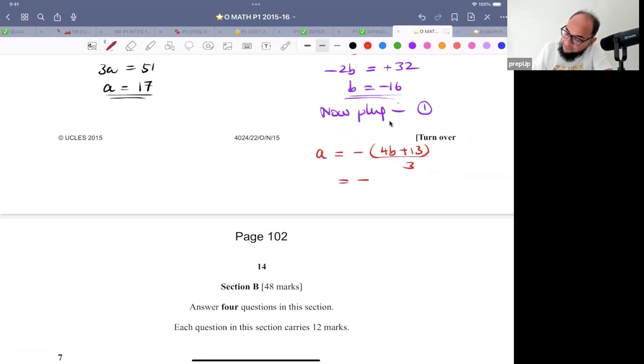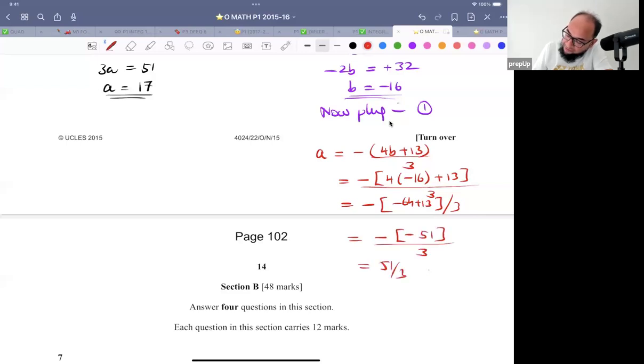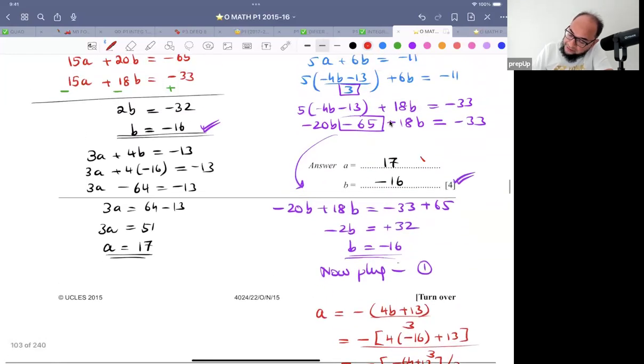That is negative 4 into negative 16 plus 13 divided by 3. That is 64 plus 13 divided by 3. That is 51 over 3, which comes out to be 17. So the answer over here is 17.